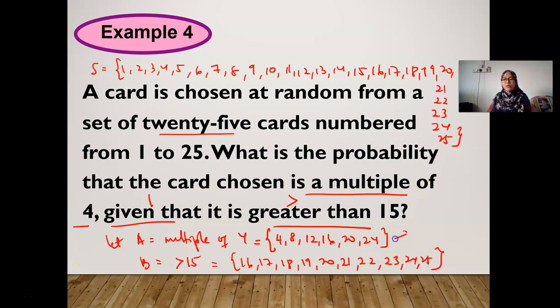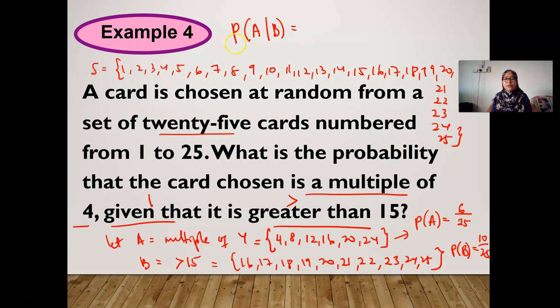So from here we can find P(A). P(A) is 6 over how many of them in the sample space, 25. And then P(B) is 10 over 25. So this is the conditional probability where you want to find P(A given B).